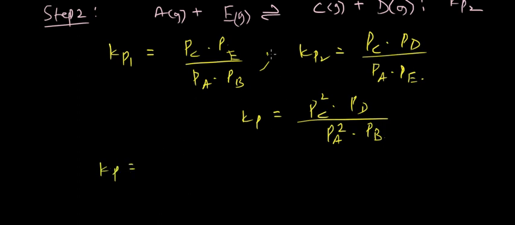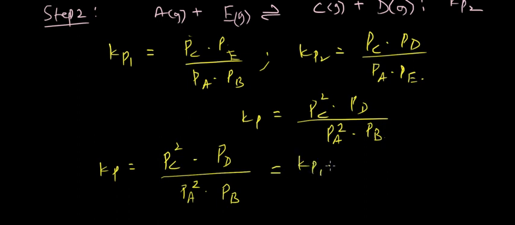If you just multiply Kp1 with Kp2, Pc squared would be there, then Pe would get cancelled out, Pd would be there divided by Pa squared and Pb. This is nothing but Kp1 multiplied with Kp2.